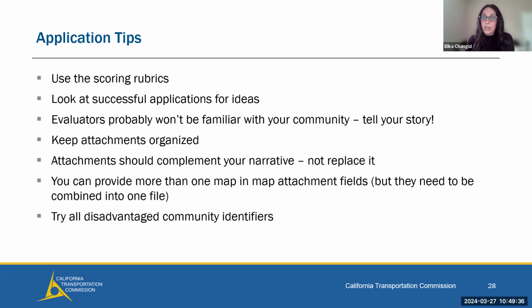It doesn't all need to be in one map. And the final tip that we always provide to our applicants is to try all of the disadvantaged community identifiers. Try all of them out and see what will get you the most amount of points on severity and location. That is just our general recommendation for that question.